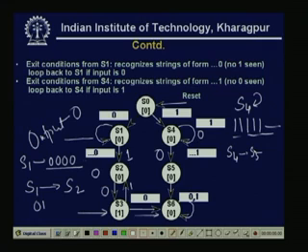Now, there can be another 1, and if it is 1 0 1, the output will be 0, and if it is a 0 also, then the output will be 0. So if it is 0 or 1, it will be in the S6 state, and the output is 0.